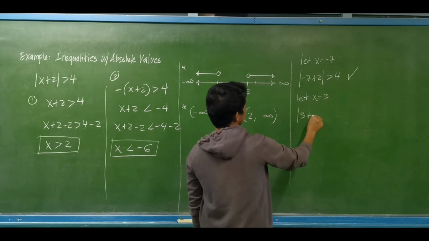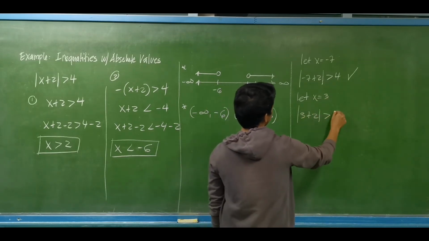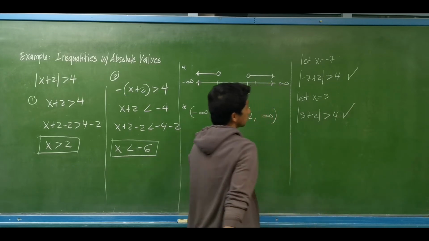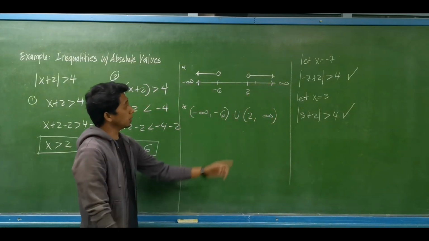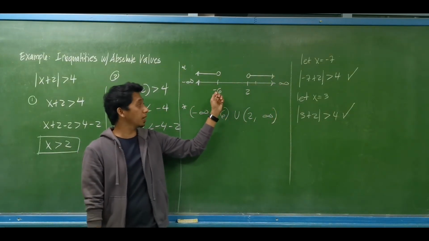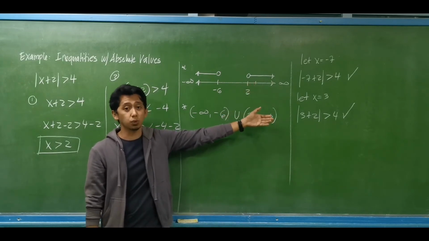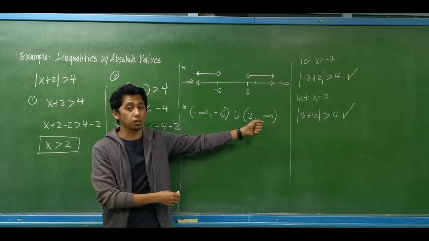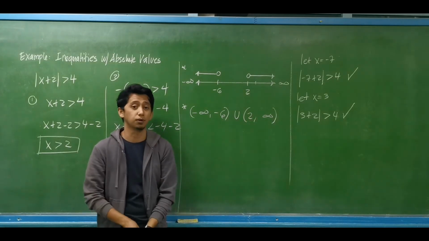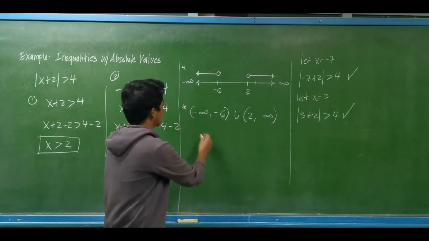The absolute value of positive 3 plus 2 is greater than 4. Yes, that is also correct. So what about if we are to use any value between negative 6 and 2? For example, 0. That is 0 plus 2 is 2. Absolute value of 2 is not greater than 4. So this is our solution set.